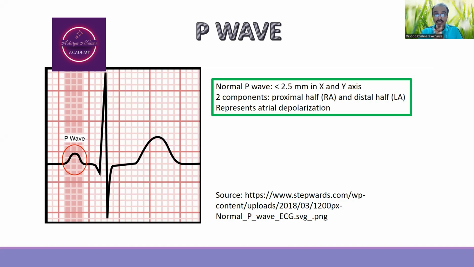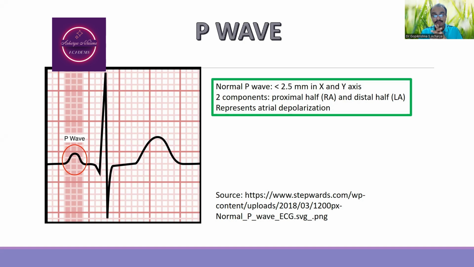It has two components, proximal half and distal half, wherein the proximal half represents right atrial activity, whereas the distal half represents left atrial activity.